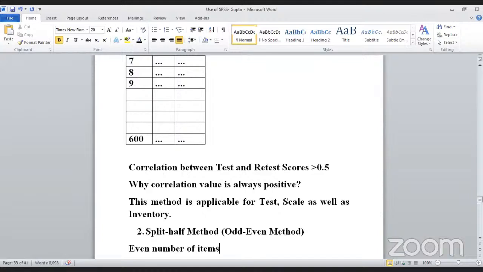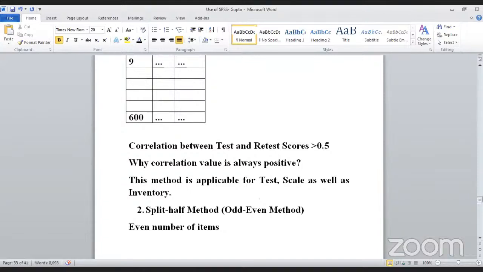Whereas in case of test retest, it doesn't matter whether your items are an even number or an odd number, because you are not dividing the complete tool into two parts. This is one important thing.